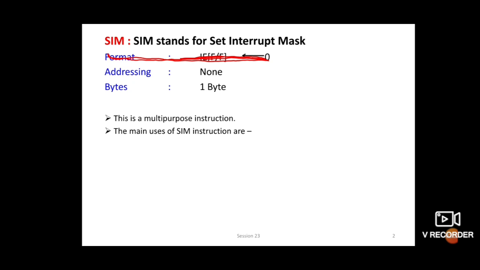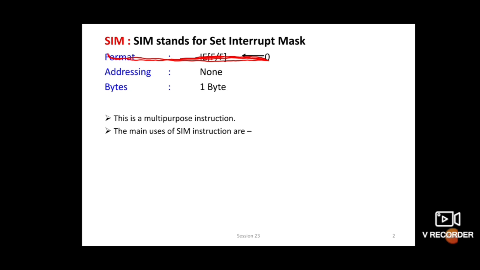Now see, this is a multi-purpose instruction. When the SIM instruction is executed, the content of the accumulator decides the action to be taken. So before executing the SIM instruction, it is mandatory to initialize the accumulator with the required value.